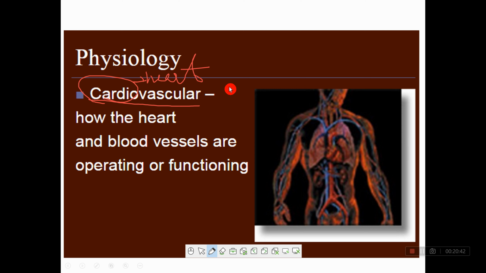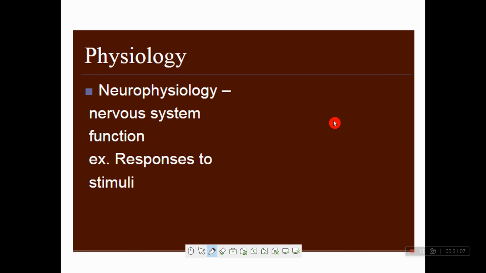The cardiovascular system studies the functioning of the heart, how it pumps blood throughout the body and produces the heartbeat as well. So in the cardiovascular system, you will study how the heart performs its function.